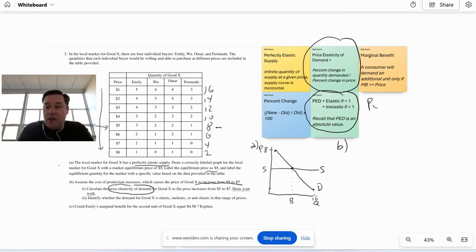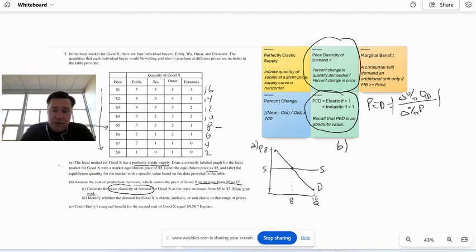So let's draw it out over here. It is the percent change in quantity demanded over the percent change in price, right? We want to know how sensitive the quantity demanded is to a given change in price. Also, it's worth noting that this is the absolute value that we look at here.